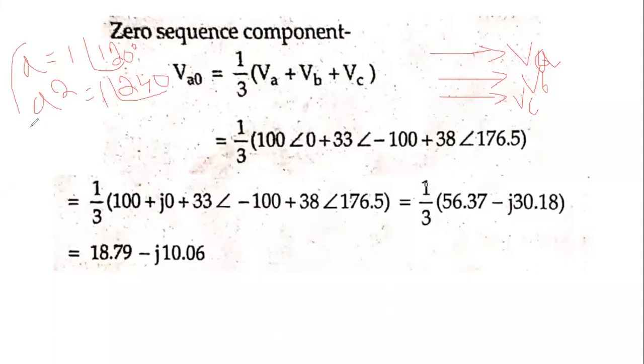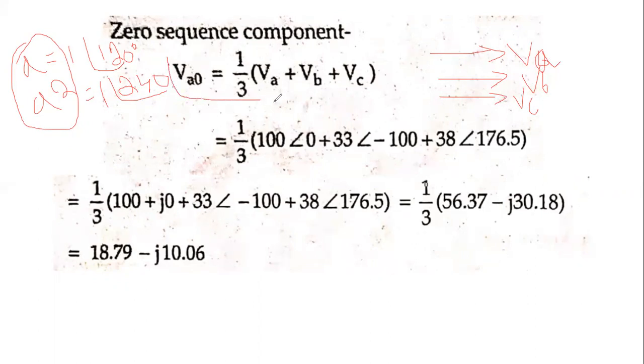These are the values for a and a square, the same as alpha and alpha square. In the zero sequence component, there is no operator alpha because all the voltages are in phase, with no angle difference between the phases.